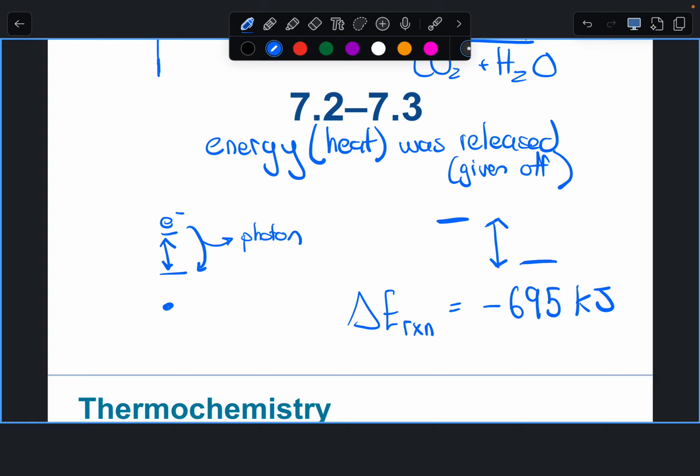So there's 695 units of difference between where it started and where it ended. This could be 795 and 100, right? Final 100 minus 795 initial, final minus initial would give you negative 695. That negative is telling you the direction.